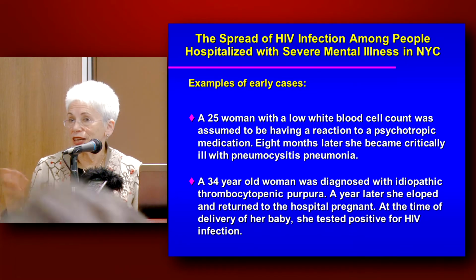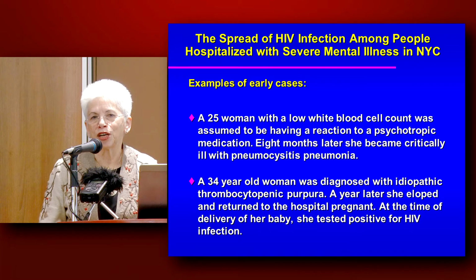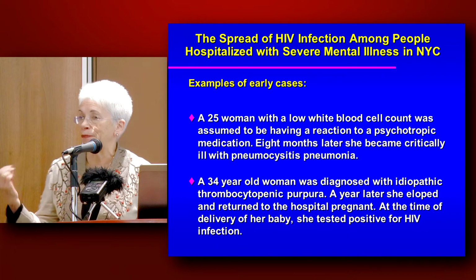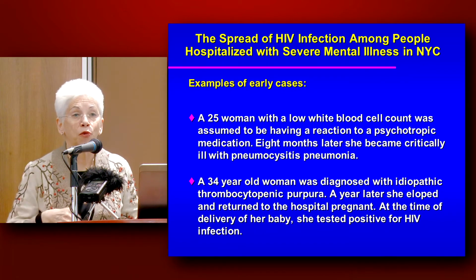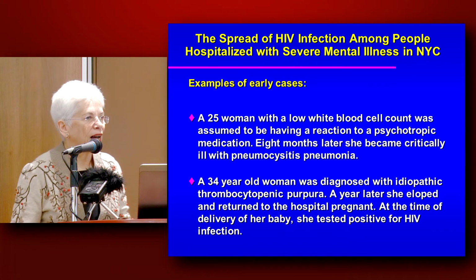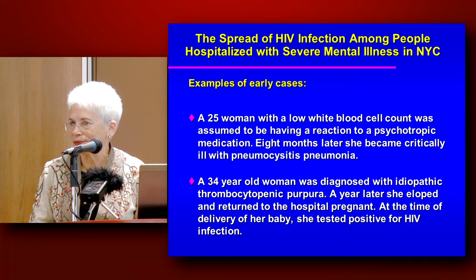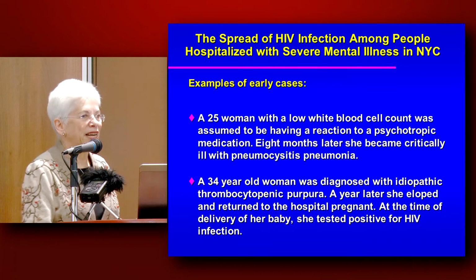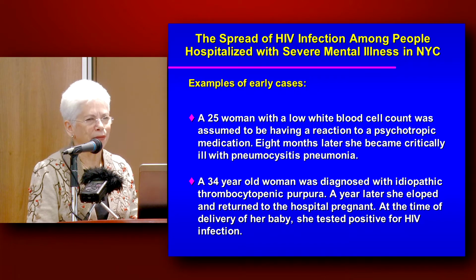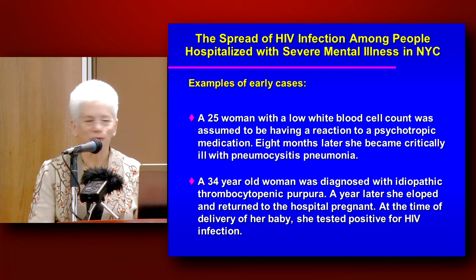But here's another case at one of the other psychiatric hospitals. Here was a woman, she was 34 years old, and she developed idiopathic thrombocytopenic purpura, which for those of you who aren't medical, is a low platelet count for no good reason. And then she eloped from the hospital about a year later, and she got pregnant. And she came back to the state hospital where she lived in a pregnant state. And when she had her baby, by the time the baby came along, it was probably 1987, they tested her baby.